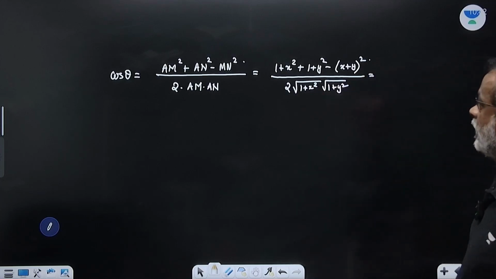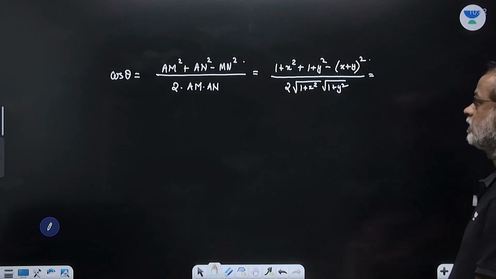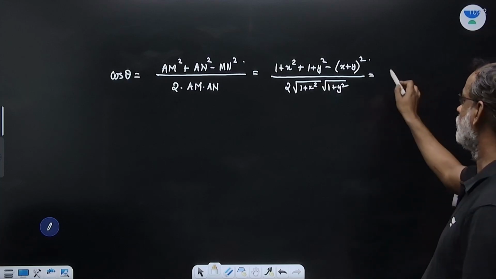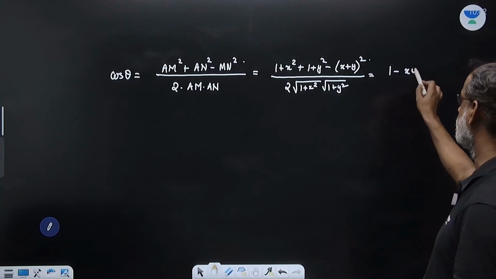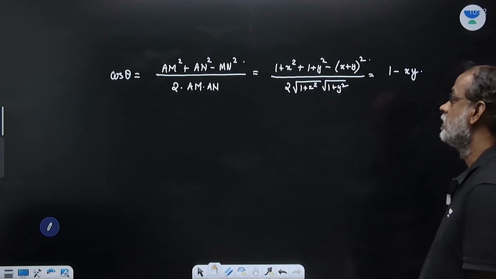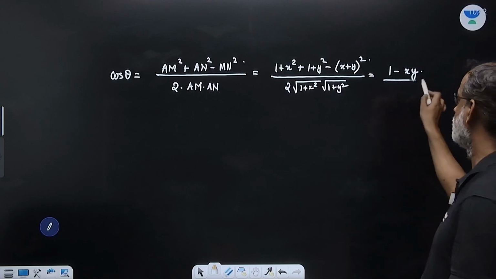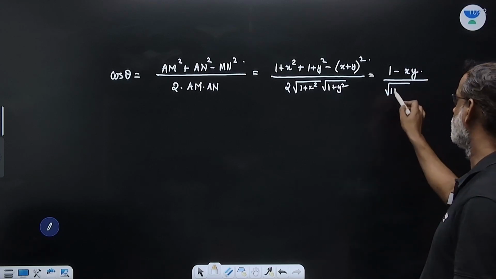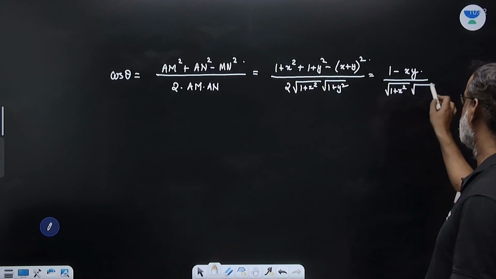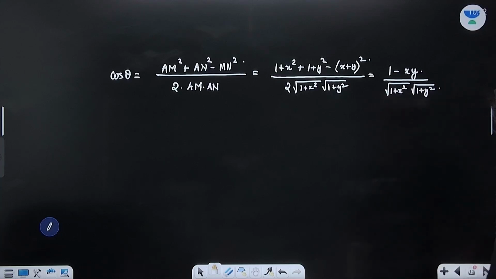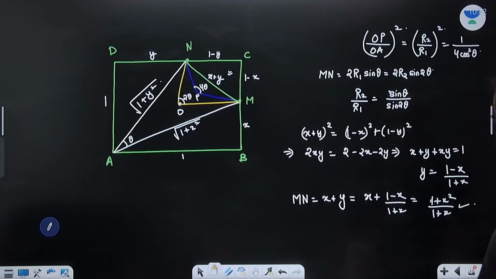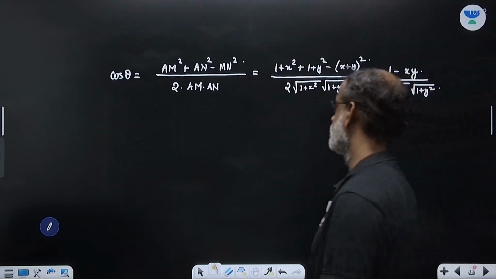So what do you get? X square y square gets cancelled, it is 1 minus xy, isn't it? Upon 2 AM AN. Now we will substitute y. What is y? 1 minus x by 1 plus x.